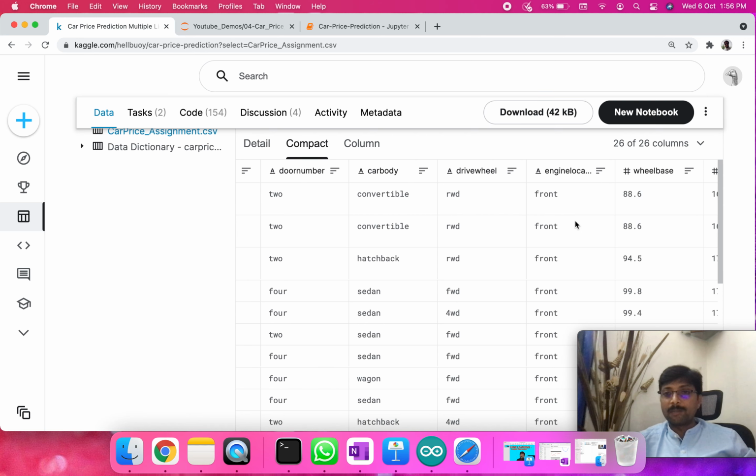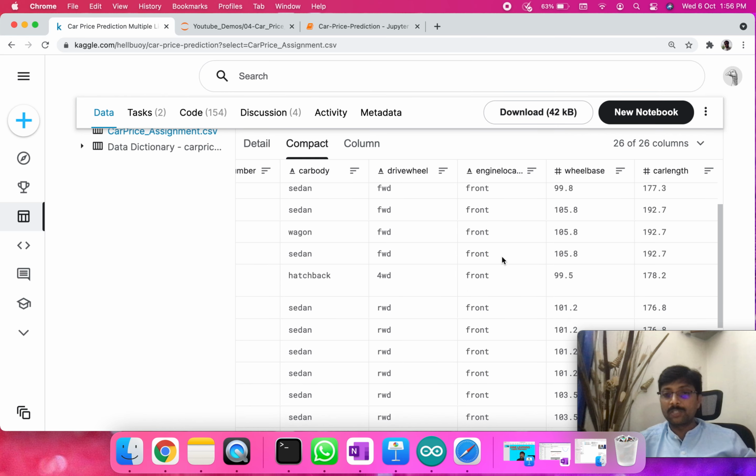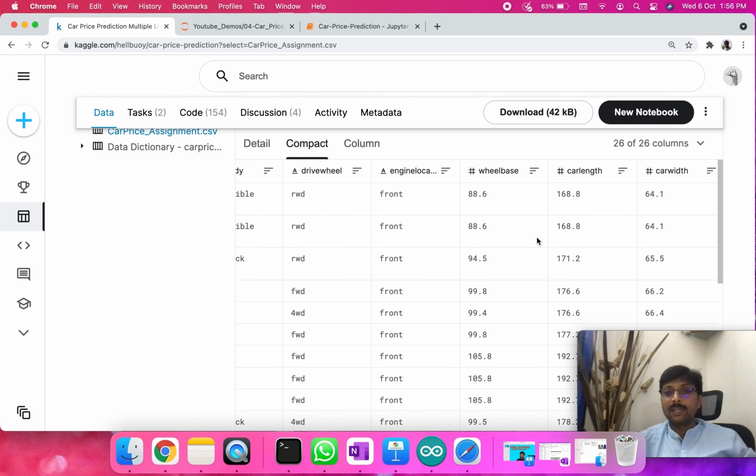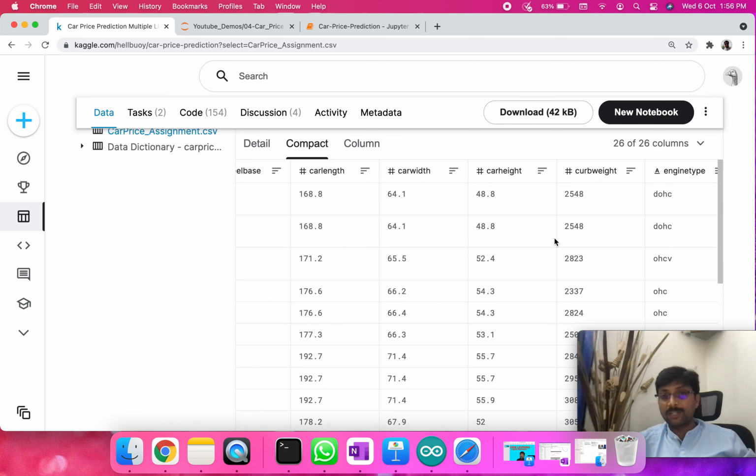Drive wheel, engine location, like whether it's a front engine or a rear engine. Wheel base, so that's the distance between the wheels. Car length, car width, car height, curb height. All these parameters will play a very important role in determining a car price, or in associating all these things to a car price.